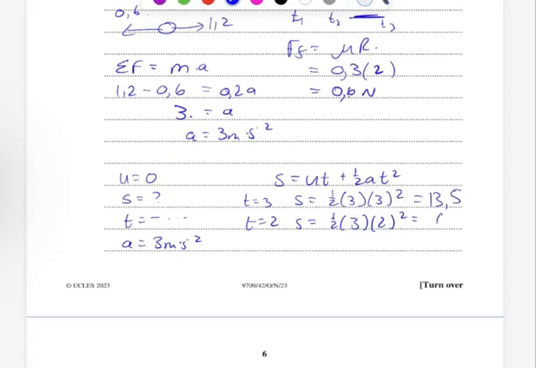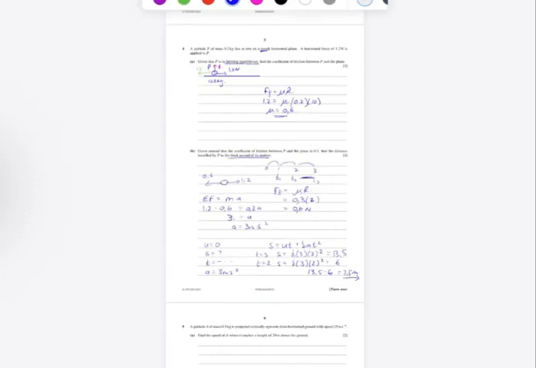This is 6. Okay, so in its second, it's a displacement of 6, and in the third second, it's a displacement of 13.5. So how much did it travel in the third second? 13.5 minus 6 gives us 7.5 meters.